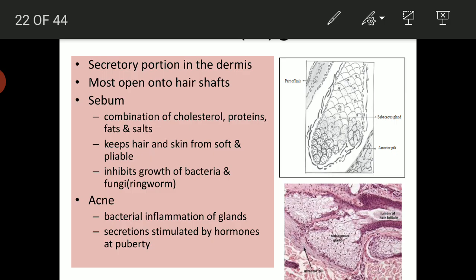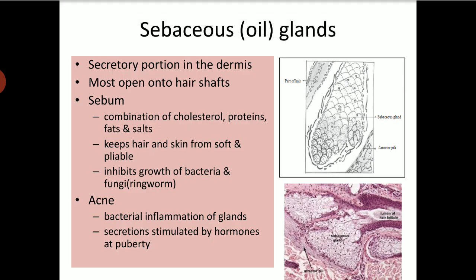Deeper cells of sebaceous glands are smaller with intact nuclei. The size of the cells increases with the increase of sebum in them. The nuclei later condense and become darker and irregular in shape. In this photograph or diagram, you can see the structure of the sebaceous gland.